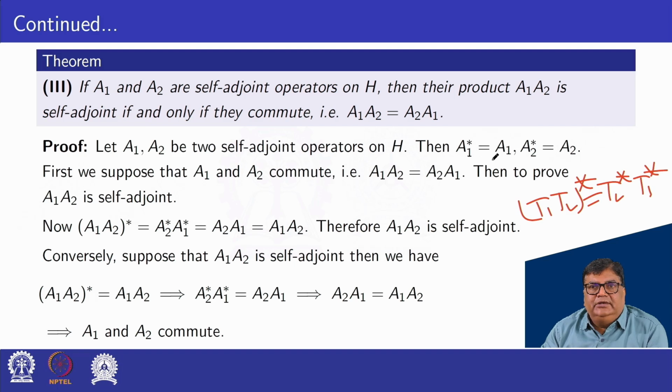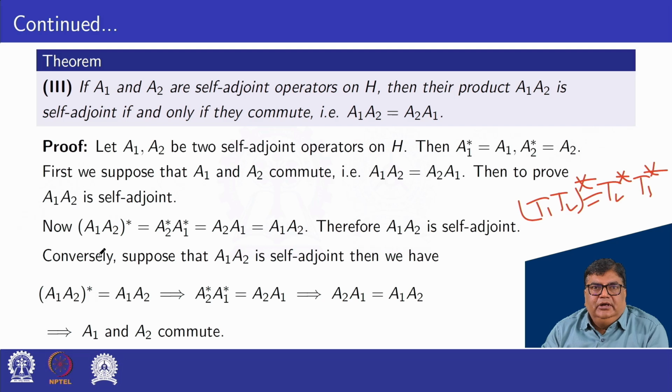And here A1* and A2* are self-adjoint operators. Then A2* is A2, and A1* is A1. So here A1, A2 commute, so we can write this is A2A1 = A1A2.